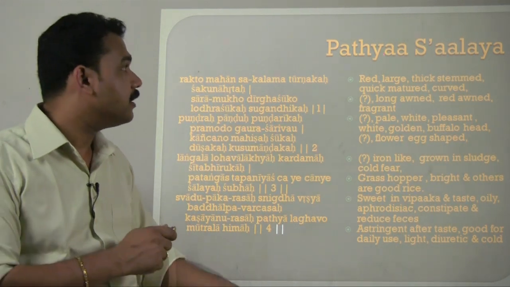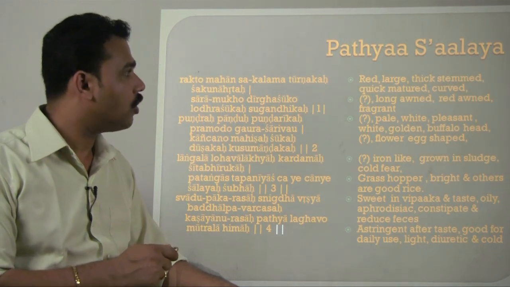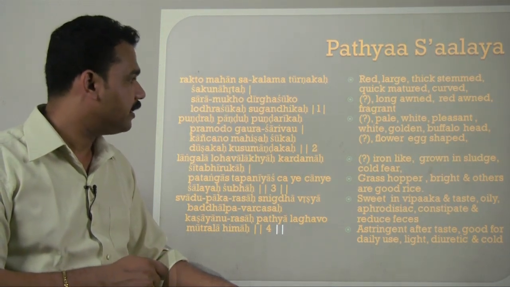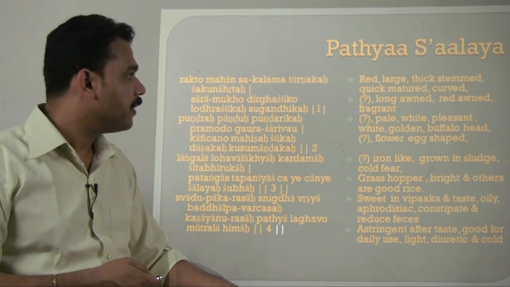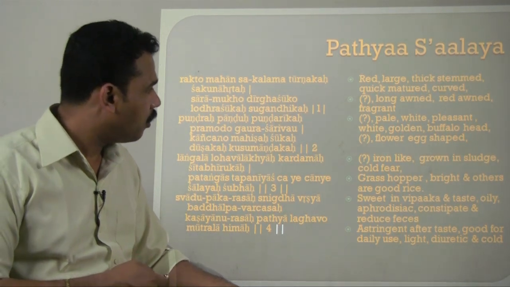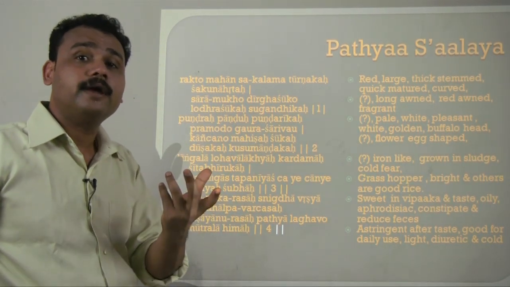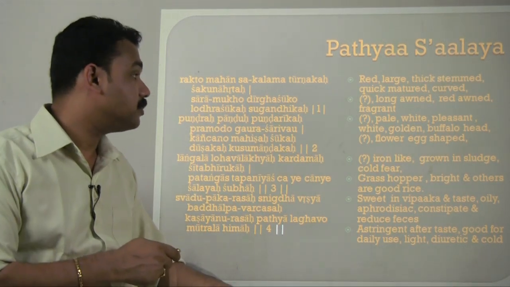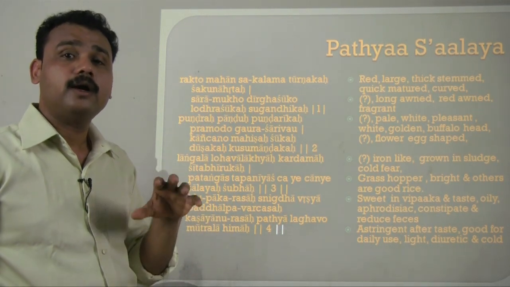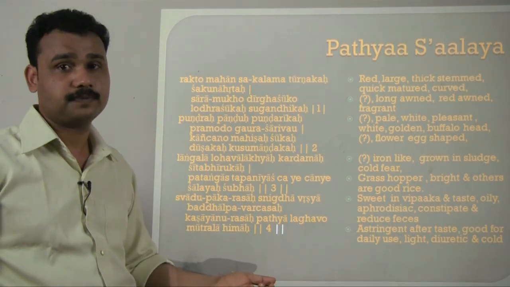So in general, red rice which has large grains, which matures quickly, which has long awns, which has fragrance, which is pale white, yellow, even green varieties, which has different shapes like buffalo head, flower egg, and different colors, and Shita Bhiru, some species which don't grow in certain specific climatic conditions, could be considered good varieties of rice.